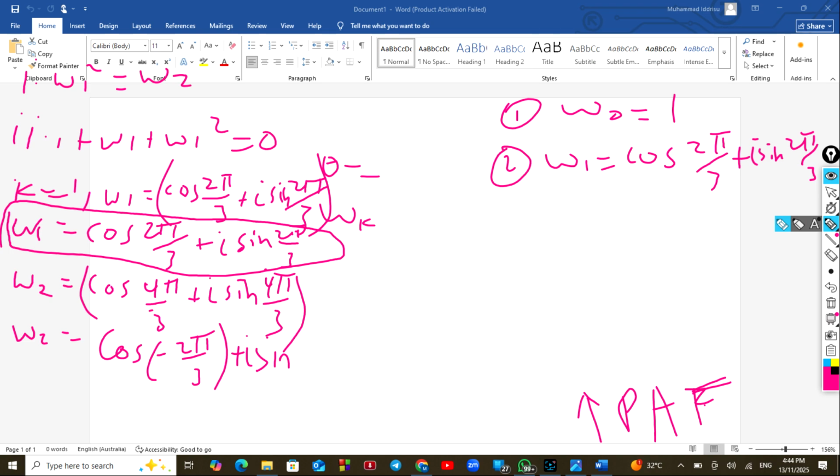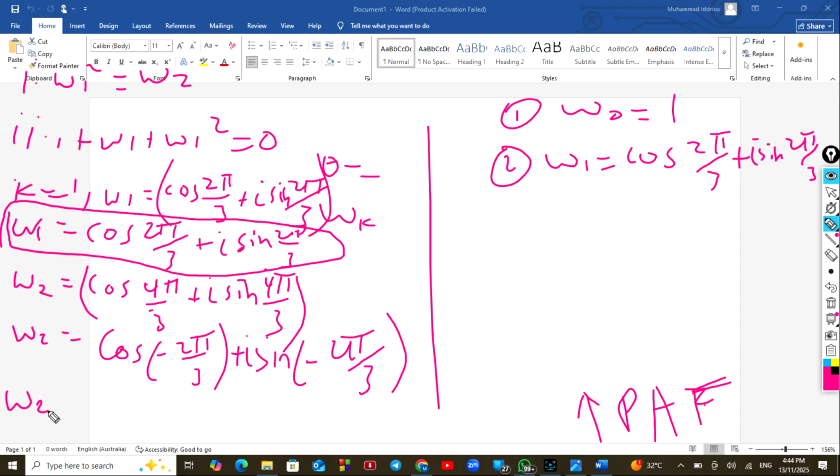Okay, so plus I sine of minus 2 pi over 3. This will lead us to W2 being what? We know that cos is an even function. So cos of negative theta is equal to cos of positive theta, because cos is an even function.